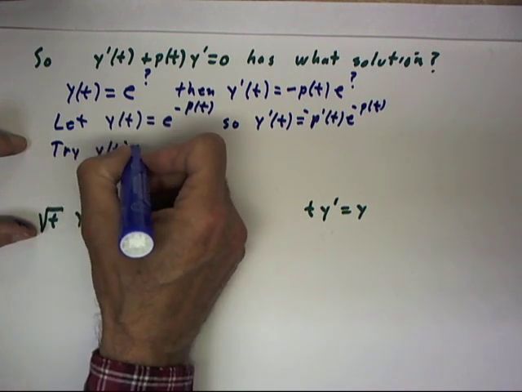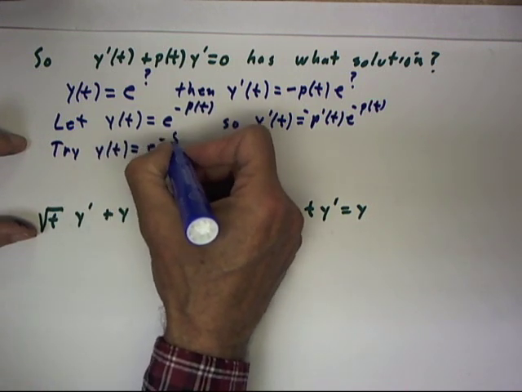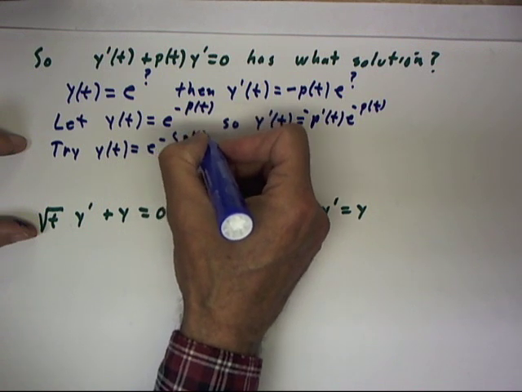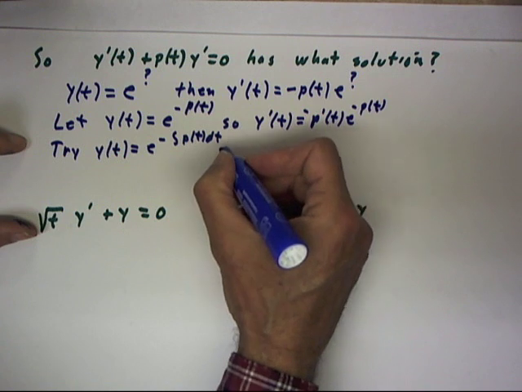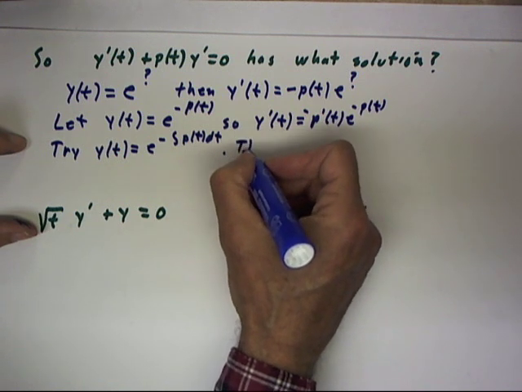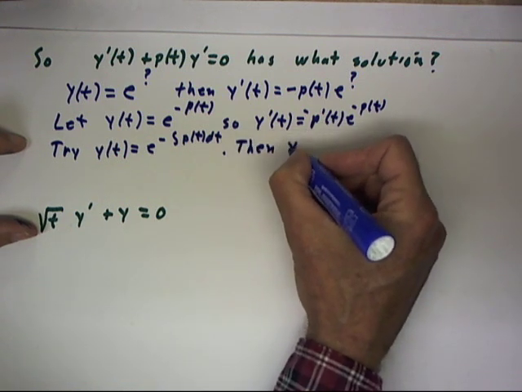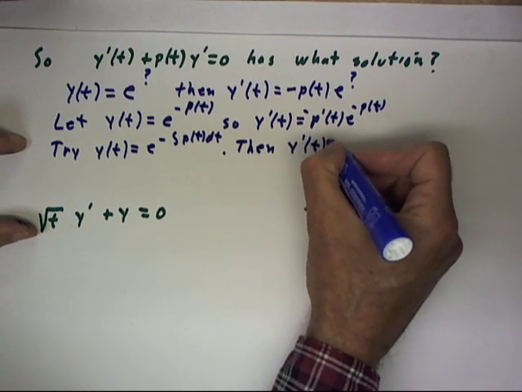So try this. Try y of t equals e to the negative integral p of t dt, where this integral could be any antiderivative. Then y prime of t is what?